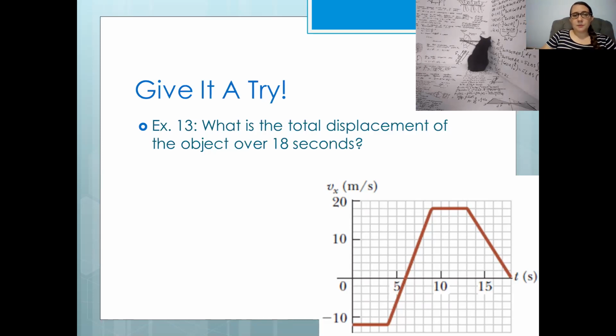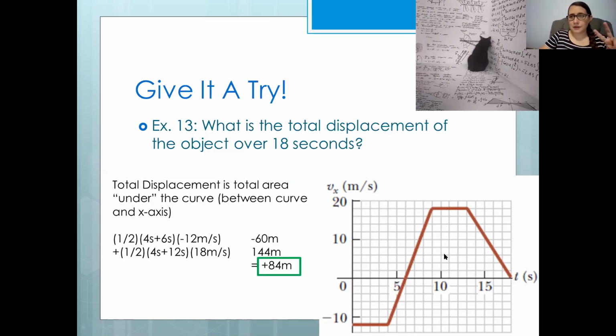So we went through this example. What is the total displacement of the object over 18 seconds? If we recognize that this is a velocity time graph, that means the displacement is the area under this curve. So we take this area that has a negative height, so it'll be a negative area because, again, that's totally acceptable for this. And then we add it to this positive area.